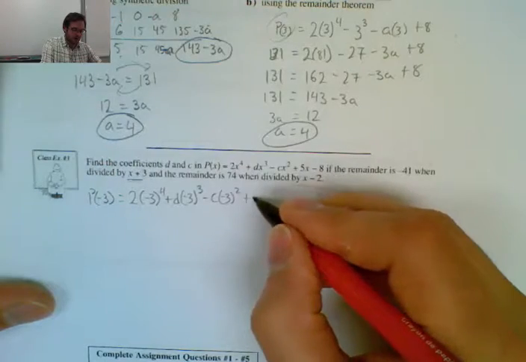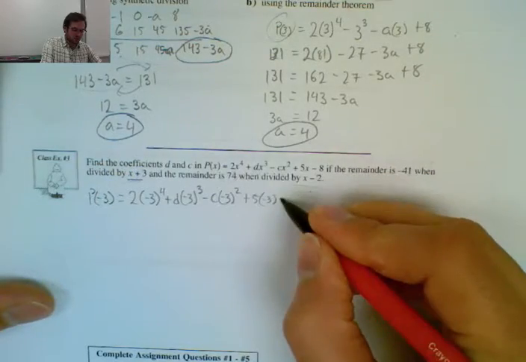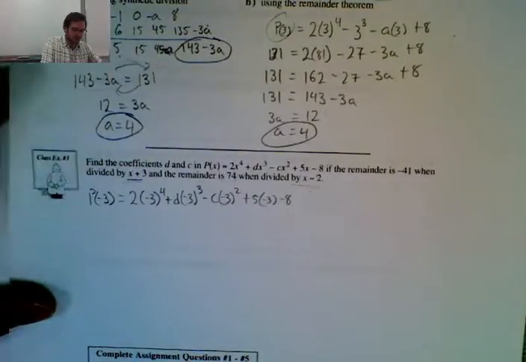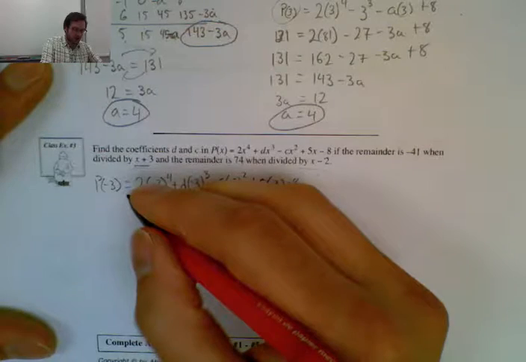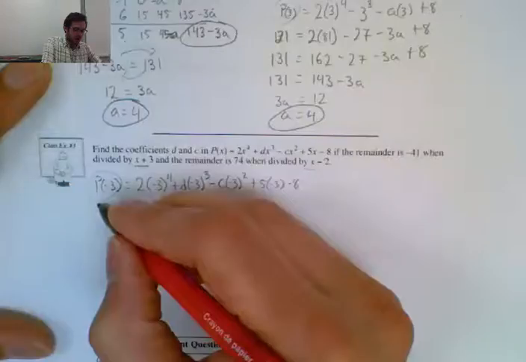Plus 5 times negative 3, and then we're going to subtract 8. Alright? So we're going to now just start multiplying this out, but we know this is my remainder, so that is actually equal to negative 41.